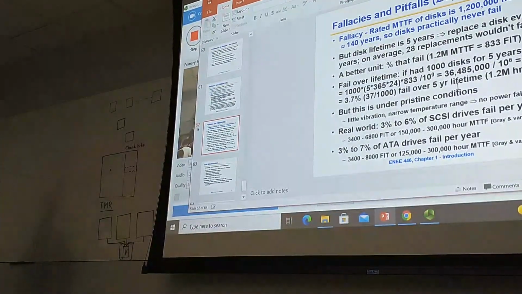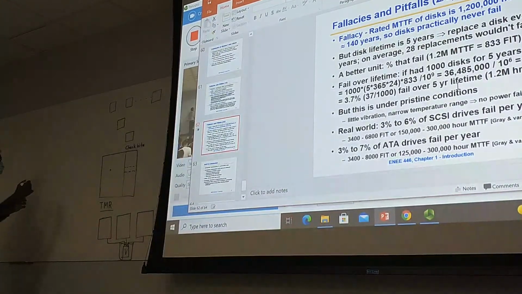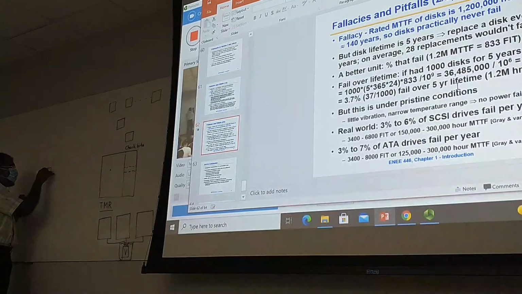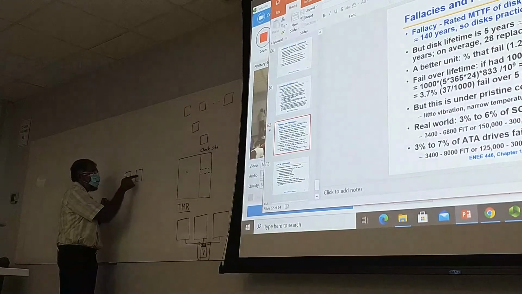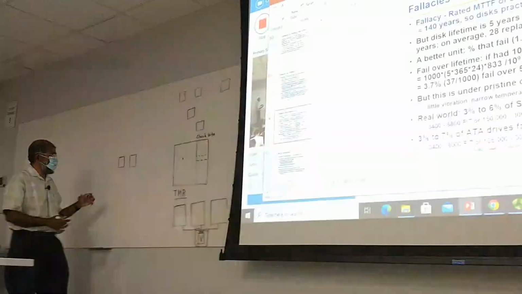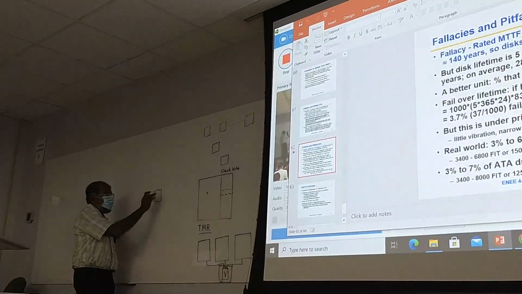Now that is based on some assumptions which may not be true. One of the major assumptions is that these failures are all independent. So if you have two disks, the fundamental assumption is that they fail completely independent of each other.